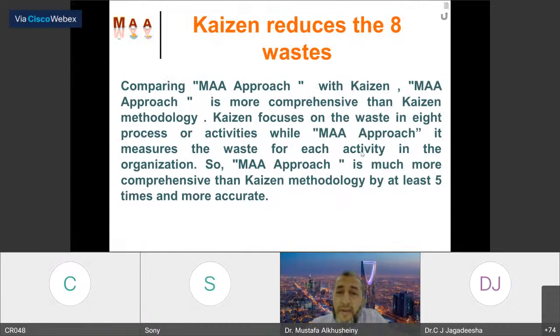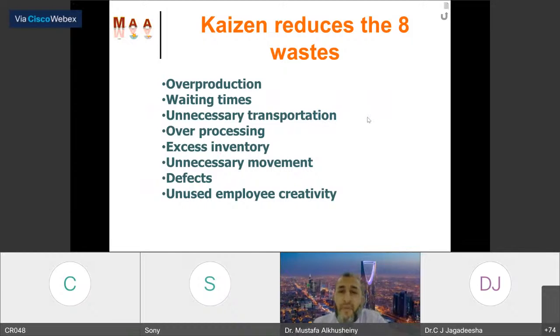Kaizen, as I told you, is focused on reducing waste in 8 activities or places: overproduction, waiting times, unnecessary transportation, overprocessing, excess inventory, unnecessary movement, defects, and unused employee creativity. My approach can monitor and measure any waste in any activity. So it covers the process of Kaizen, but more comprehensively.